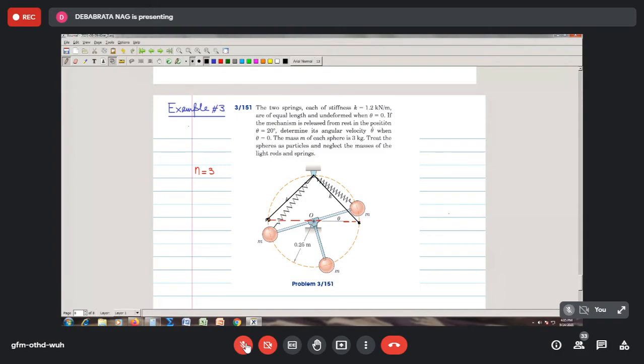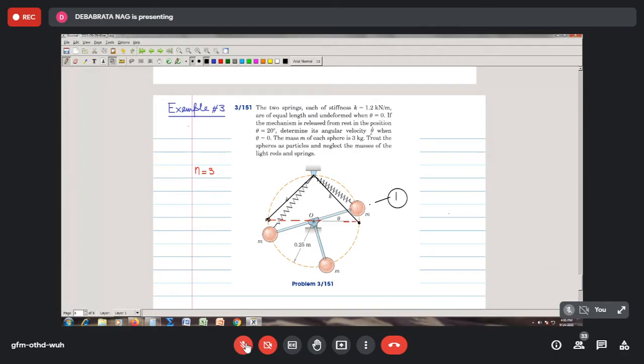Now if the mechanism is being released from the condition of rest in the position theta equal to 20 degree, so from this position theta equal to 20 degree, the entire assembly is released from the condition of rest. So theta equal to 20 degree is this state, suppose this is serving me as the initial state point, or I can call it state point 1.